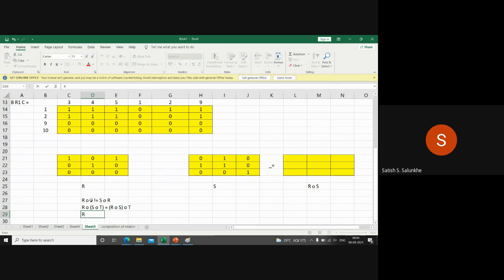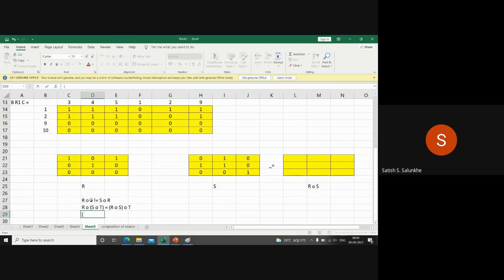If you want to perform the union operation, distributive law is valid for Boolean matrix multiplication, so the composition of relations also satisfies the distributive law.